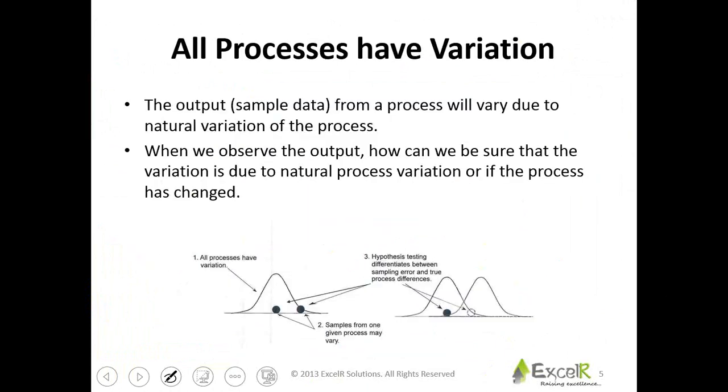All right. Let us move on to the next slide. All processes have variation. We need to acknowledge this first of all. All processes will have variation in the system. So the output, that is a sample data from a process, will vary due to natural variation in the process. For example, if you're going to office daily from your home, you're not going to reach exactly at 9 a.m. Suppose you want to be in office by 9.